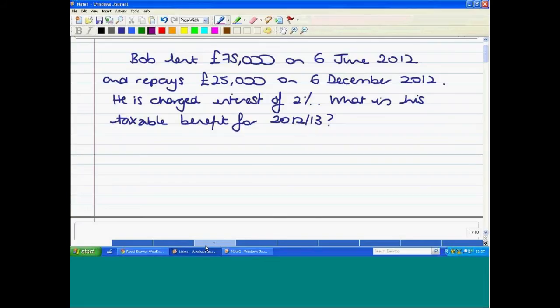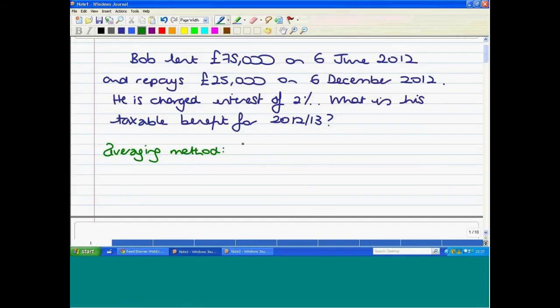So let's start with, firstly, the averaging method. Now, if I start with the averaging method, I don't actually have any loan outstanding at the beginning of the tax year. But I don't put 0 in. What I have to do is put the amount of loan outstanding at the first point of the tax year, but then we're going to time apportion our fraction in order to take into consideration that there was a period where the individual didn't actually have that loan.